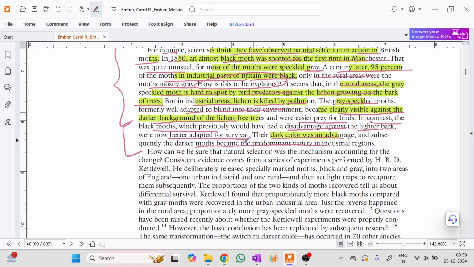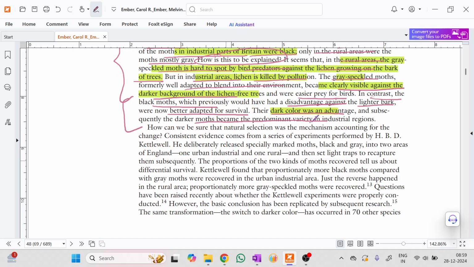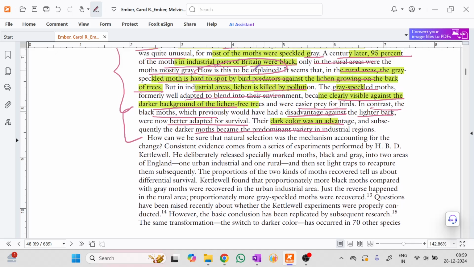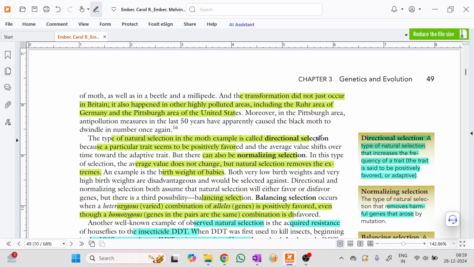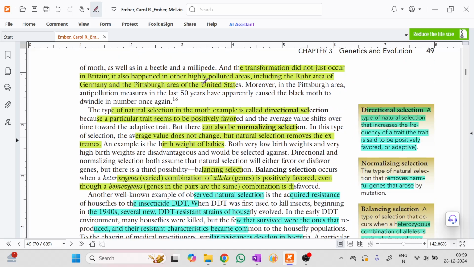So this dark color was earlier a disadvantage, but now with the change of environment, it became an advantage, and subsequently darker moths became predominant in that particular atmosphere.